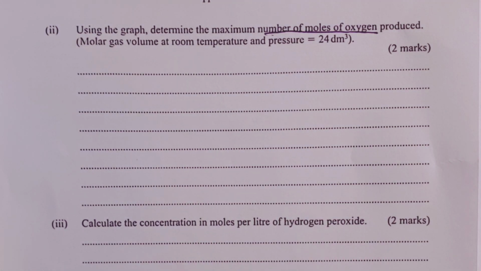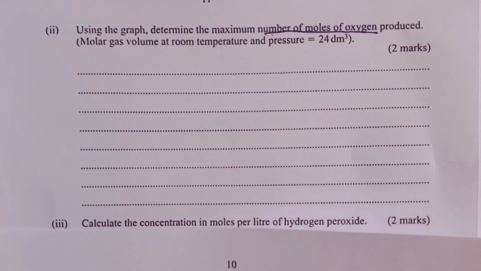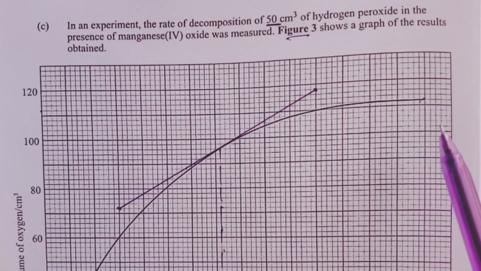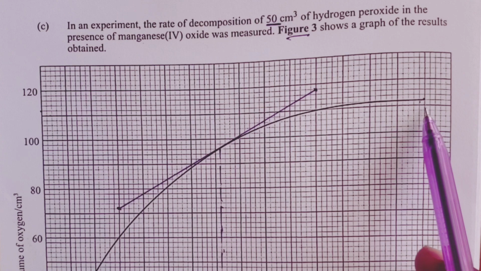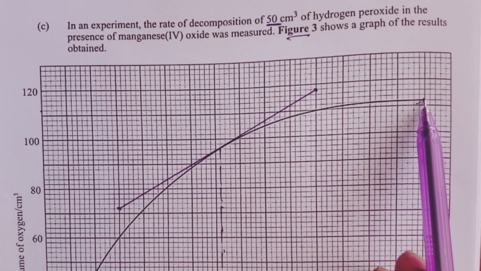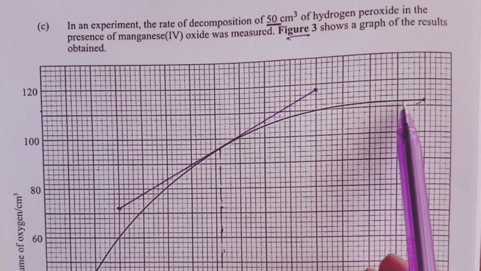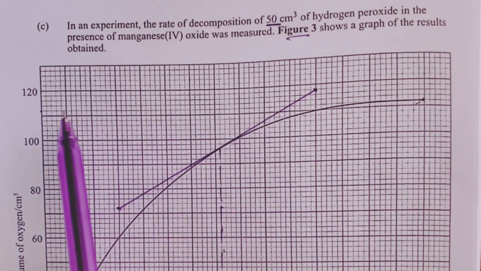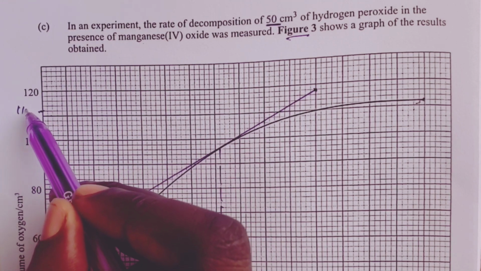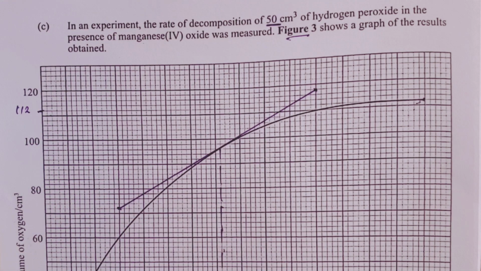We shall get back to our graph, and as already indicated, we can see the maximum volume of oxygen obtained. If you read the section where the curve flattened out, you realize that the volume coincides to 112 cubic centimeters based on the scale that was given.